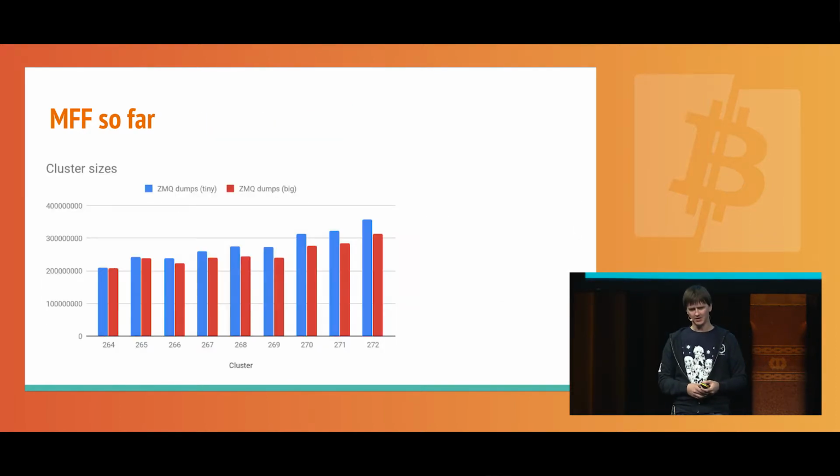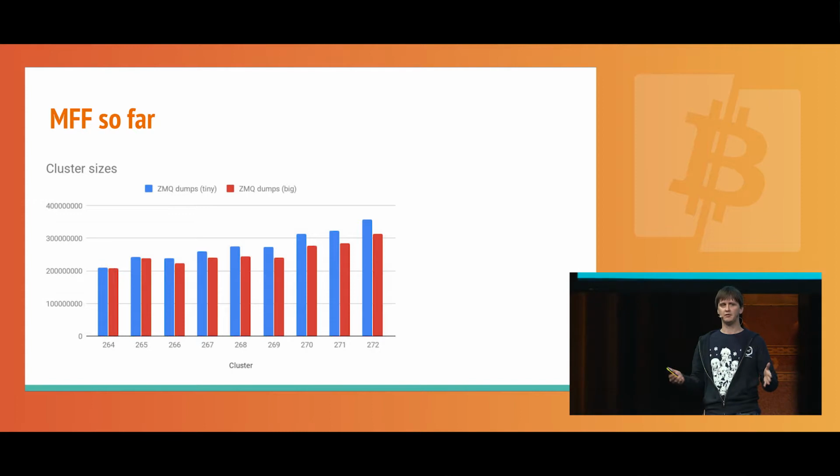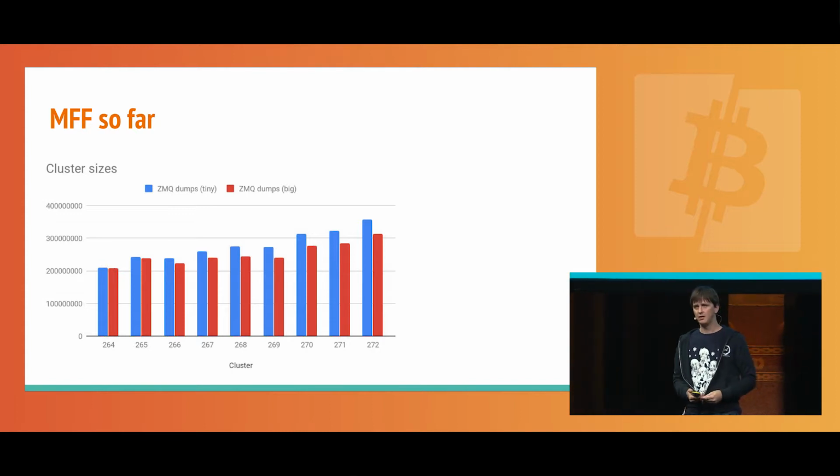Anyway, so there's something called a cluster here. What I came to realize was that if you're trying to store this data, 50 megabytes a day, that's some gigabytes a year, you're going to run into a very unwieldy, big file. So what I did was I decided to just cut it up into clusters. In this case, a cluster is 2016 blocks.